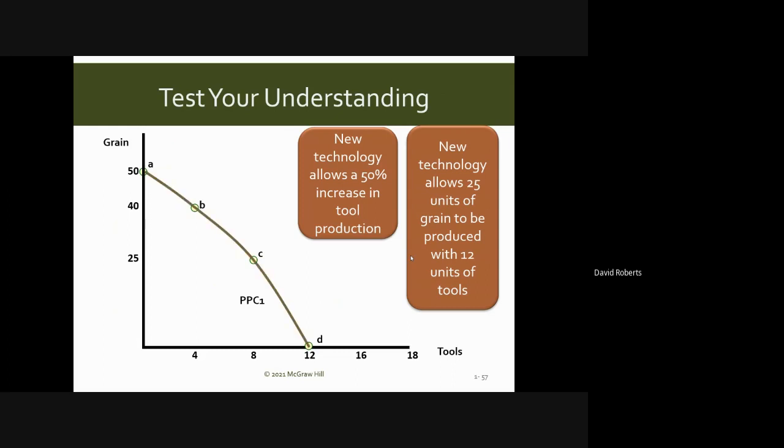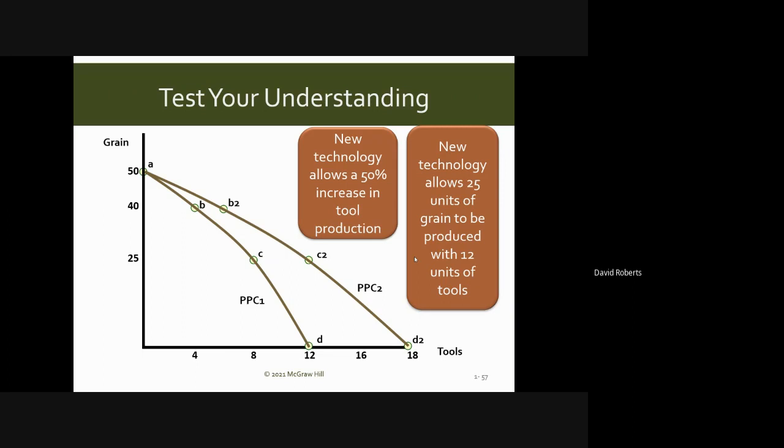So here's the original line. And then there's B2, C2, and D2, but there's no A2. And so we have a new production possibilities curve 2, but it does not affect if you produce grain only.